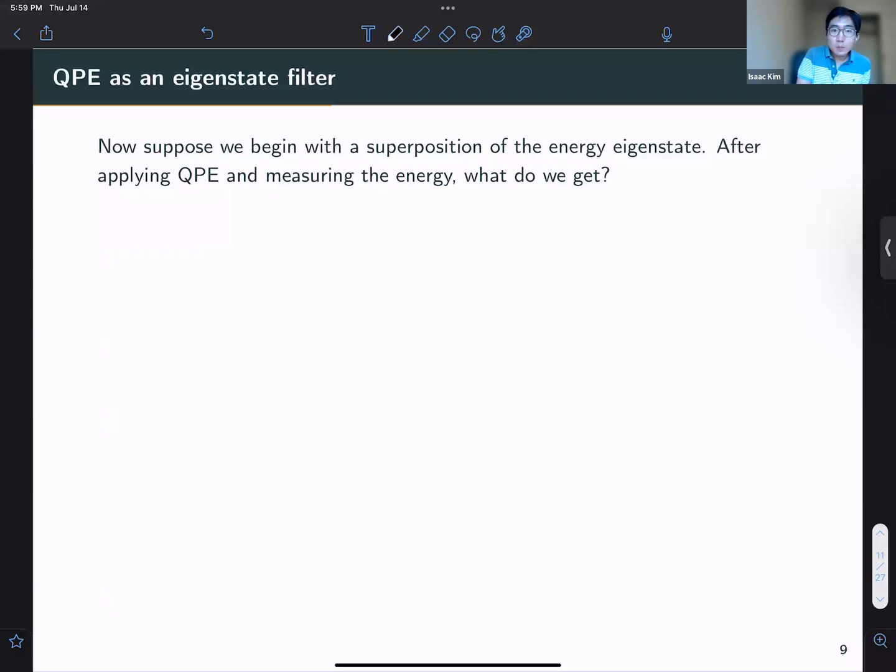So in the previous setup, we assumed that we began with the energy eigenstate n. And after you run the QPE, there were some numerical constants, but let me just ignore them.